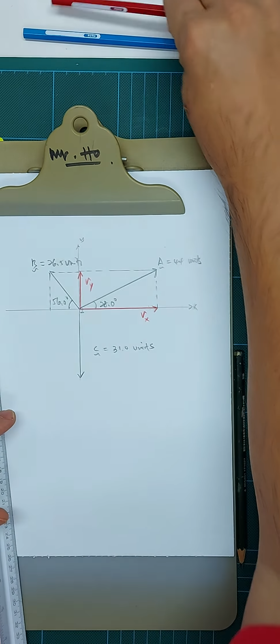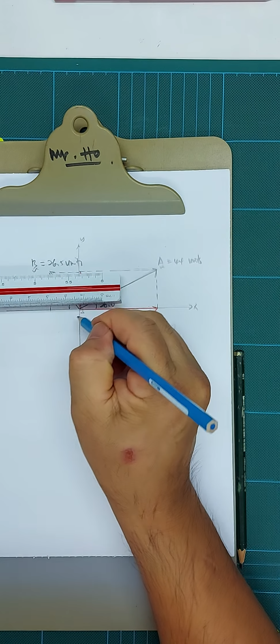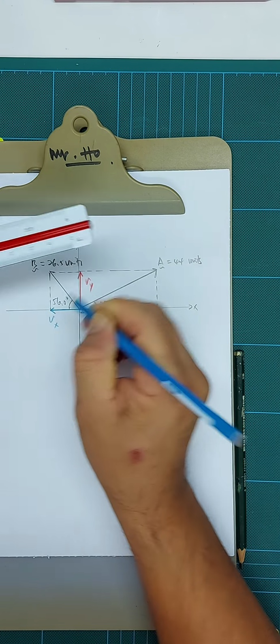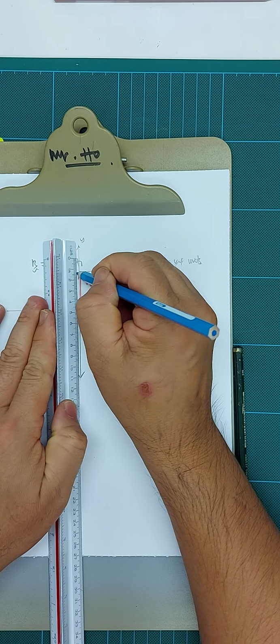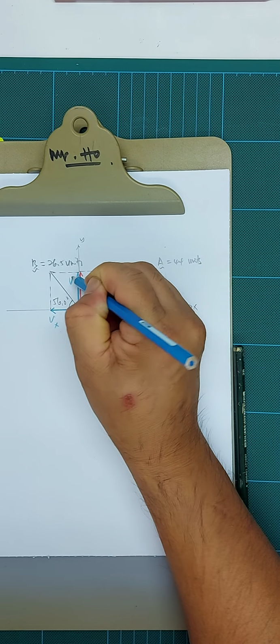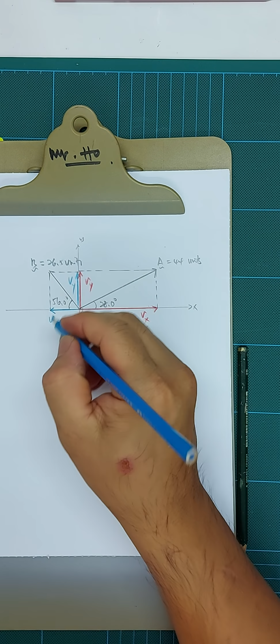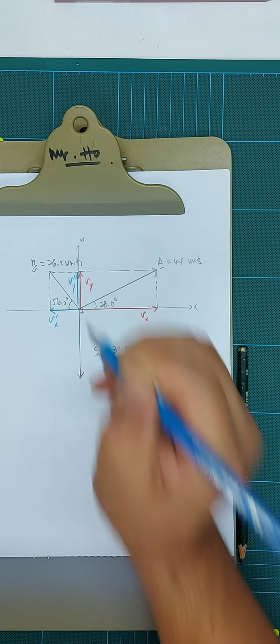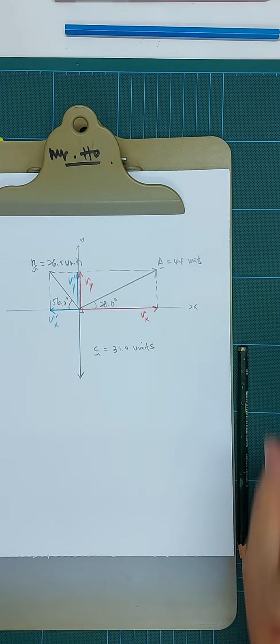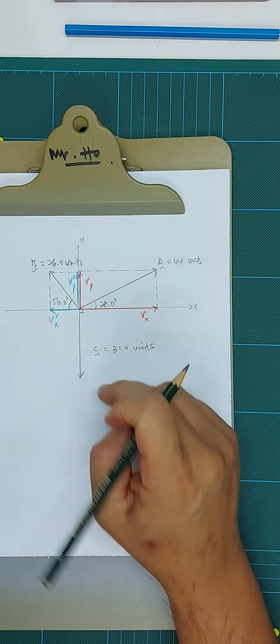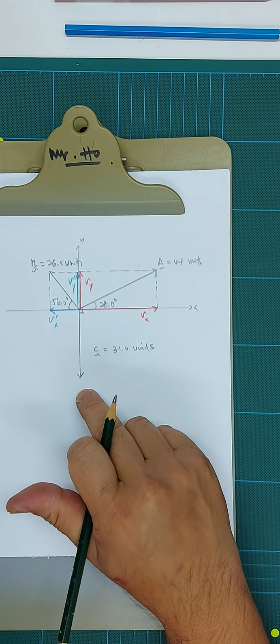Then for B, blue color, this one is Vx and slightly shorter than the other side, and this one is Vy. Maybe I will use Vx prime and Vy prime, so that you don't get confused between which Vy and Vx we are using. Now C itself is the vertical component.